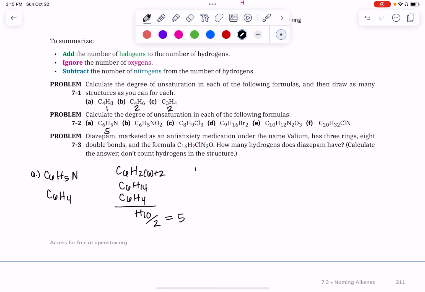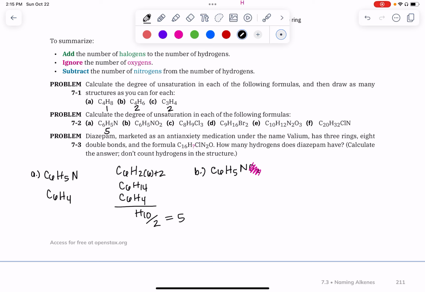We could do B, C6H5NO2. Remembering that we subtract this N, but we ignore the O. The 2 O's, we'll ignore both O's.